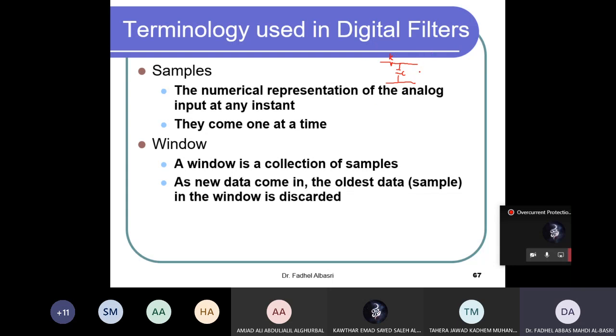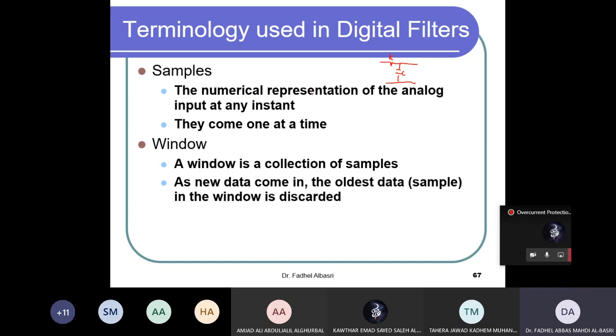You can also implement this using op-amps, and we call them active filters in this case. Digital filters extract specific information or remove something you don't want, but this is made digitally by using an algorithm.